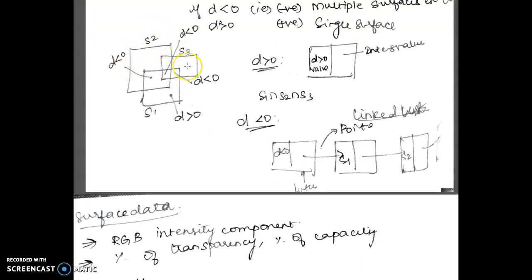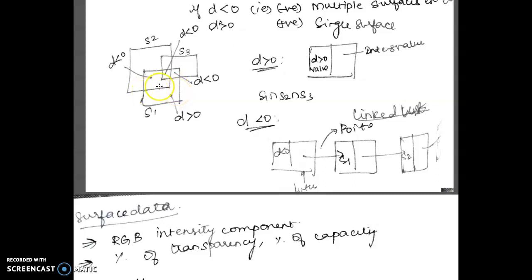Consider this image. There is one surface S1, an overlapping surface S3, and another surface behind S1 and S3, which is S2. Consider this point. This point is purely on S1, so the D value is greater than 0, which is a single surface. This point is only on a single surface.